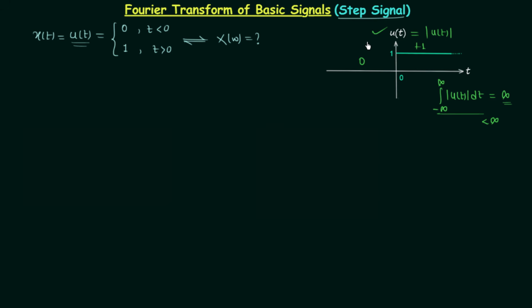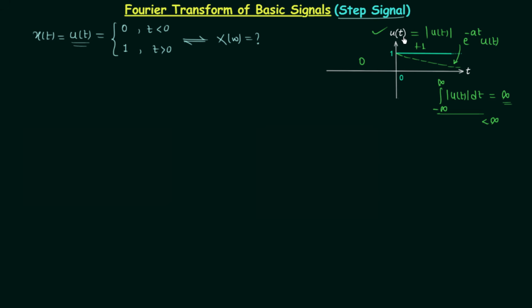If we want to use the formula of Fourier transform, it is important to make u(t) converging. If we can make u(t) converging like this, we can use the formula, and the equation for this converging waveform we can write as e^(-at) u(t).